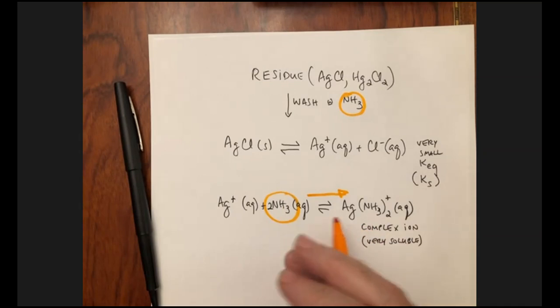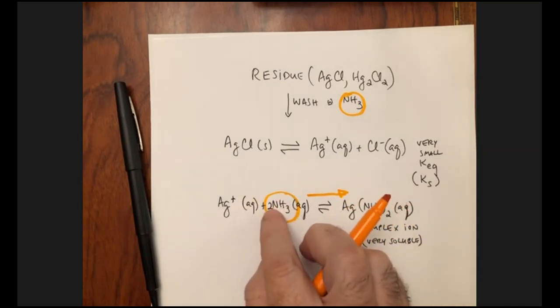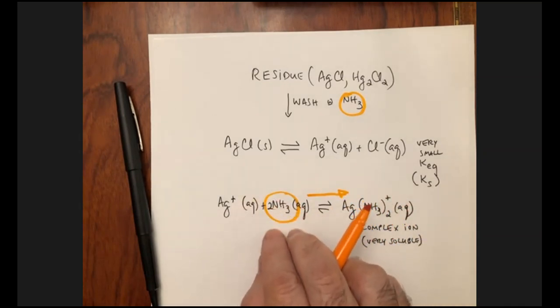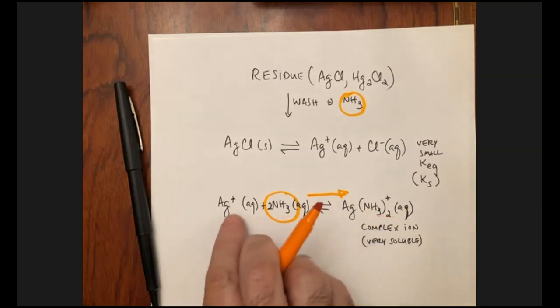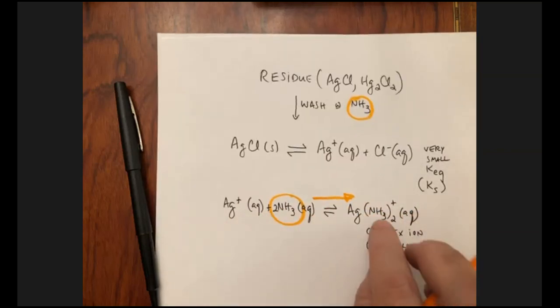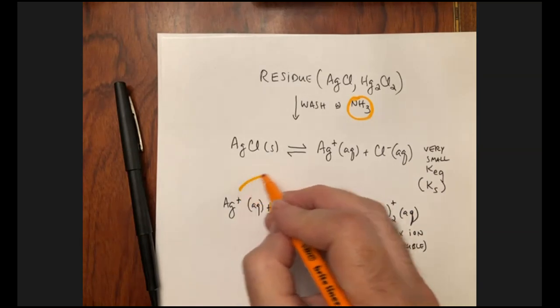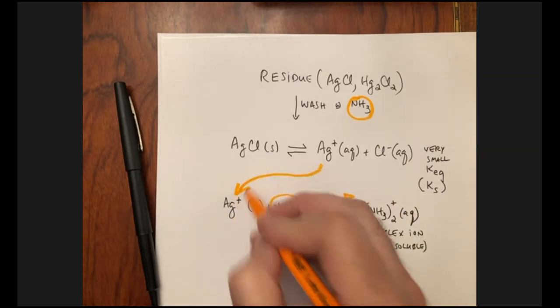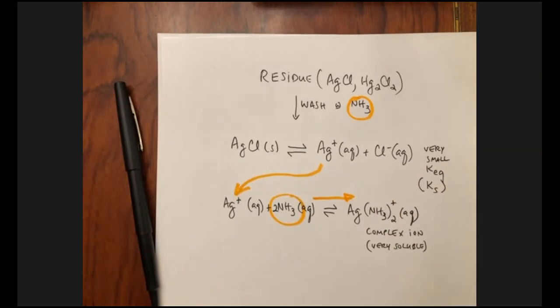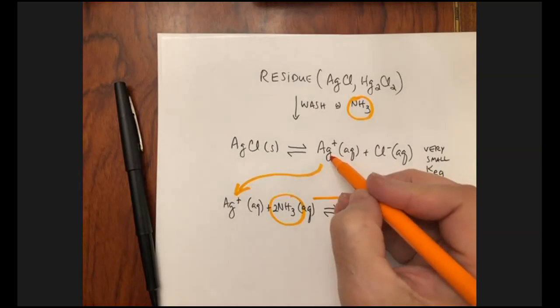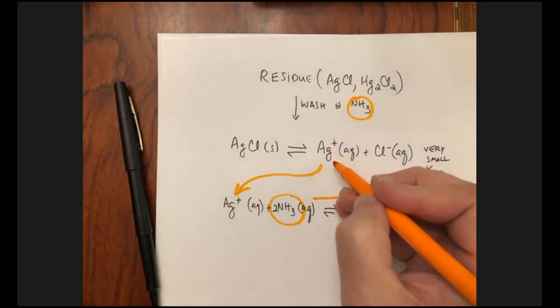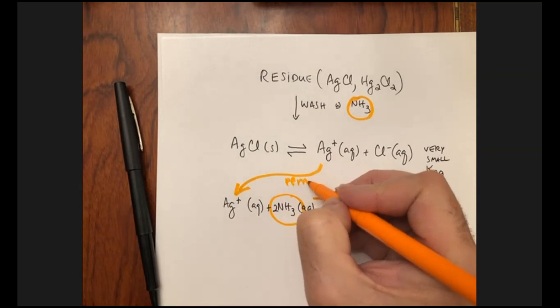So think Le Chatelier. If this side of the equation becomes, quote unquote, heavier because there's more ammonia, the equilibrium shifts towards the right. But as it does, it's removing silver ions, the little bit of silver ions that are in solution are getting removed.